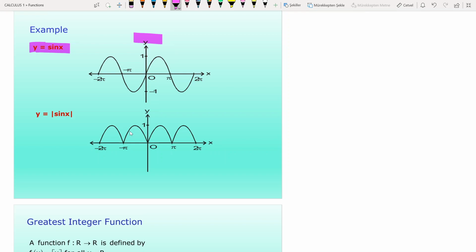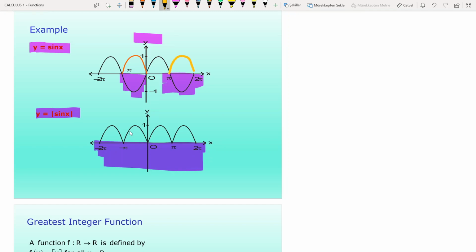In the modulus function we don't have negative numbers, so in the graph of absolute sine x we don't have the lower part of the graph. Instead, you have the symmetry of that part above. Since you don't have the negative values, you have the symmetry of this part, and so on.